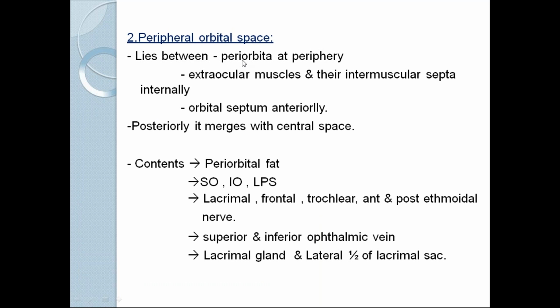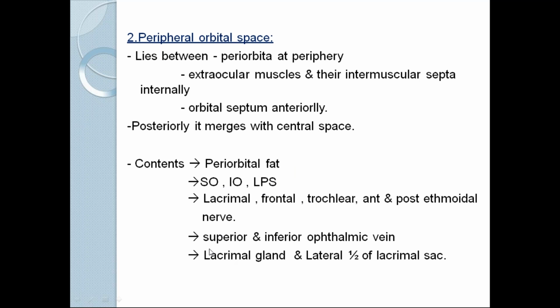It lies between the periorbita and the extraocular muscles, as I told you. Its importance is that whenever you want to give anesthesia, you give the anesthetic agent into this peribulbar or peripheral orbital space. It contains some fat, muscles, nerves, and vessels.